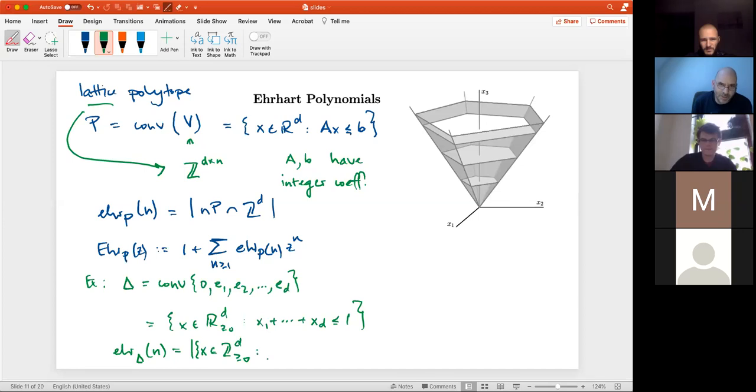Everybody's still bigger than or equal to 0. And then dilation by n just means that your equation over here is going to get a less than or equal to n over there. And so you do some basic combinatorics and realize this is a binomial coefficient, n plus d choose d.